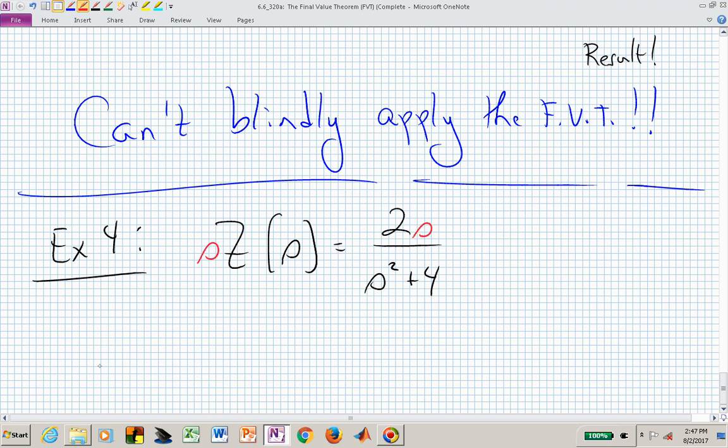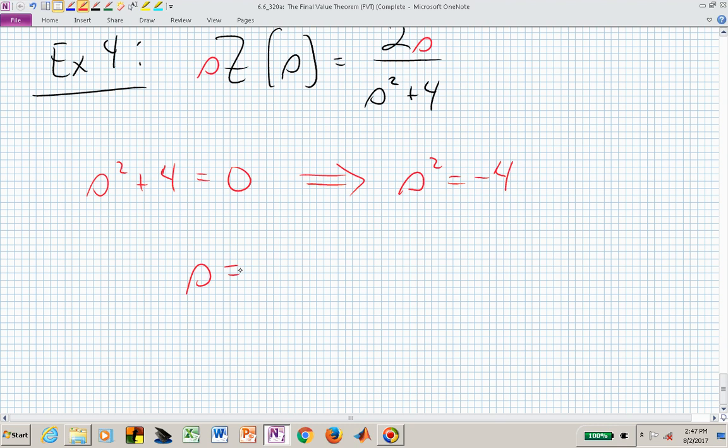But what happens here? Let's look at the roots of our denominator. Here we have s squared plus 4 is equal to 0. S squared is equal to minus 4, or that now says that s is equal to plus and minus j2.